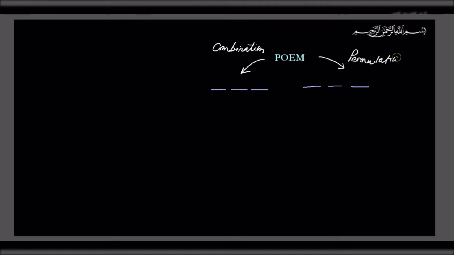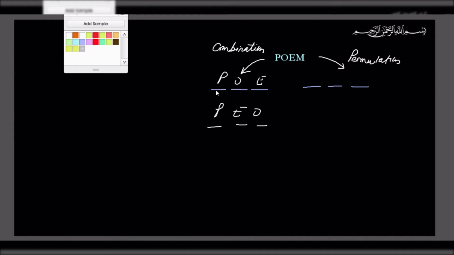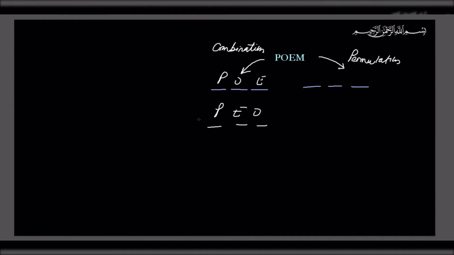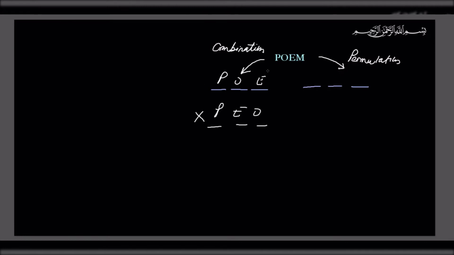For example, if I pick POE over here, and then I pick PEO, in a combination scenario, if I asked how many different combinations of 3 letters of these alphabets I have, this one would not be allowed, because these 2 would be considered the same. Because in combination the order does not matter. So in combination, once you have POE, then all 3 letter arrangements of these would not be allowed.